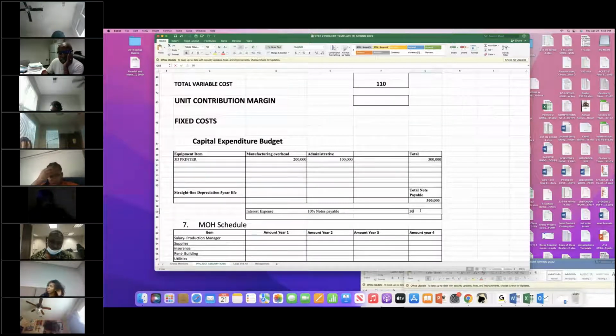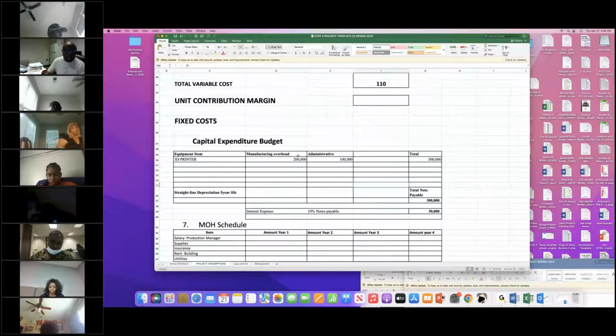So you got to look at the equipment you need to make it. Remember, you got to make $1 million, so you're going to have a lot of equipment, a lot of workers at some point. Your depreciation is straight line 5 year. So we just divide 5 into 200,000 and we get 40,000.